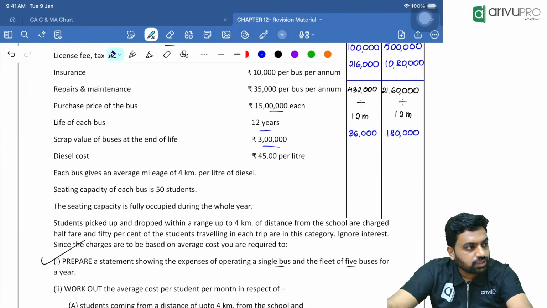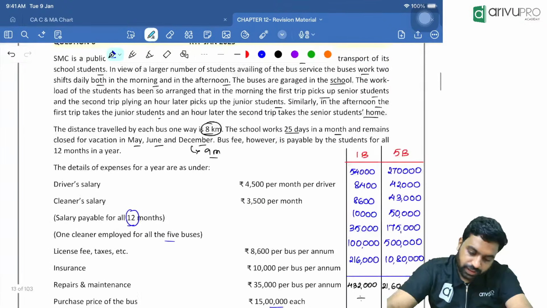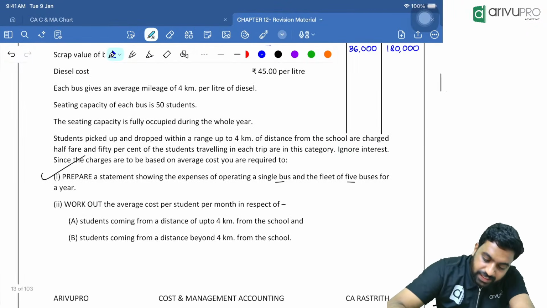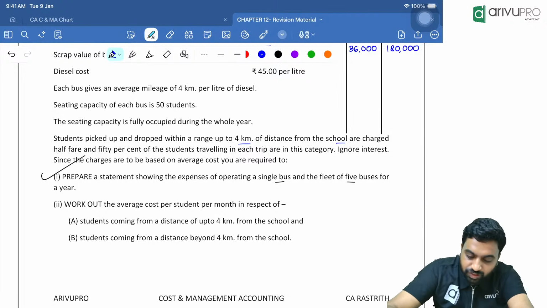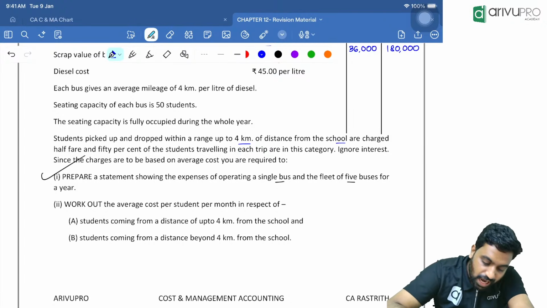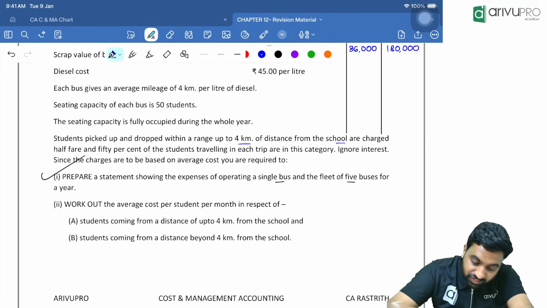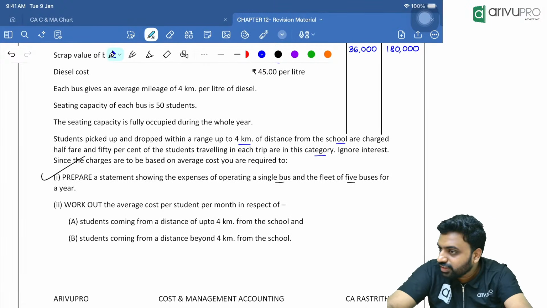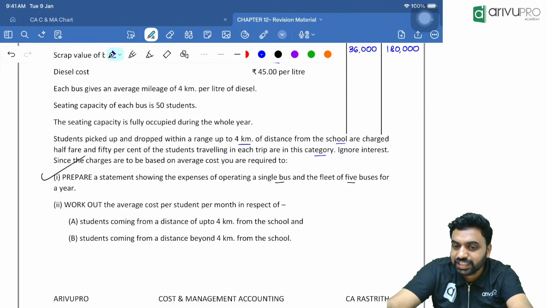Now, look at this point, very important. Students picked up and dropped within a range of 4 kilometers from the school are charged half the fare, and 50% of the students traveling are of this category. That means the other 50% students are coming from beyond 4 kilometers and they will be charged 100%.